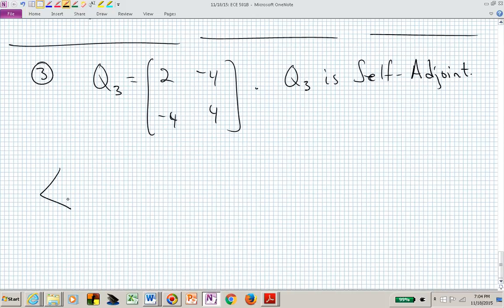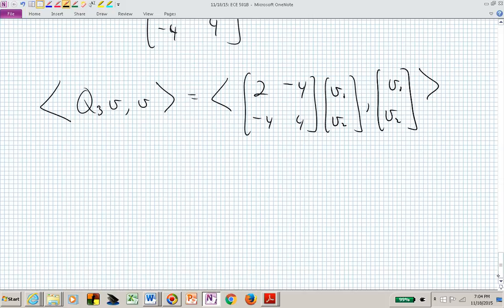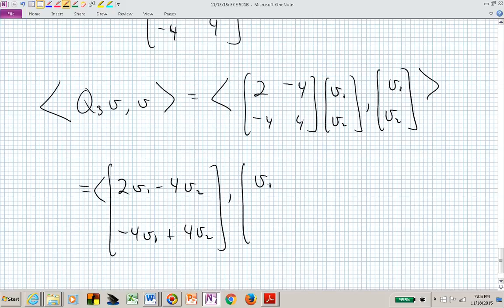And now we want to check the second condition, which is for any vector V. So if we now look at Q sub 3 V inner product with V, we now have the matrix 2, minus 4, minus 4, 4 times V1 V2, inner product with V1 V2. Or this is now 2V1 minus 4V2 and minus 4V1 plus 4V2, and we need to form the inner product of that vector with V1, V2.